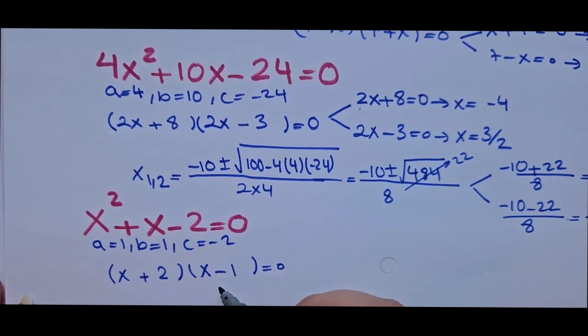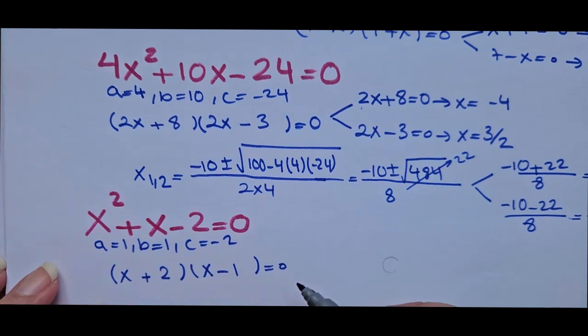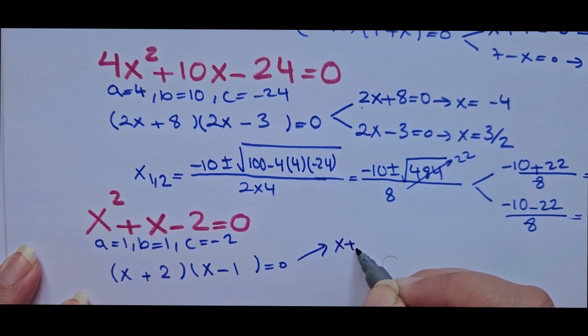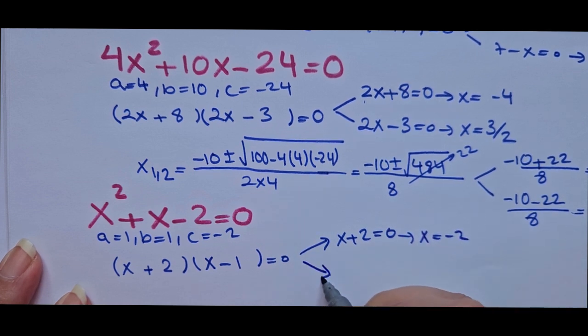So if these two brackets are multiplied by one another and the answer is 0, that means any of these can be a potential answer. So if x plus 2 is 0, that means x is negative 2. And then from the second one, x minus 1 is 0, so x could be plus 1.